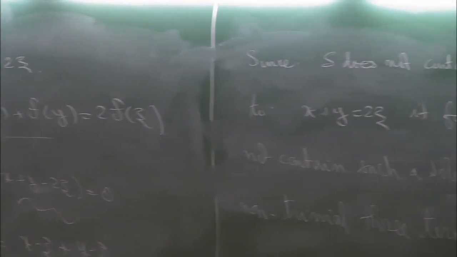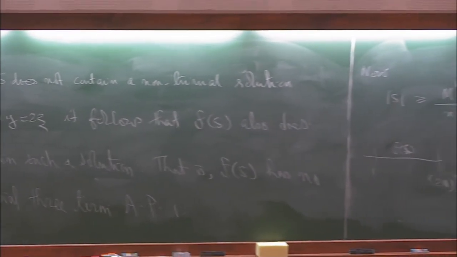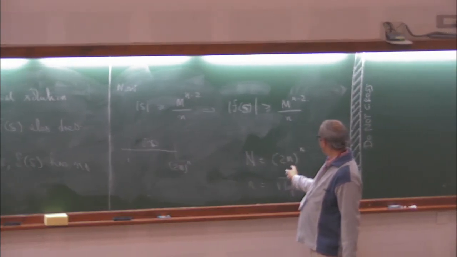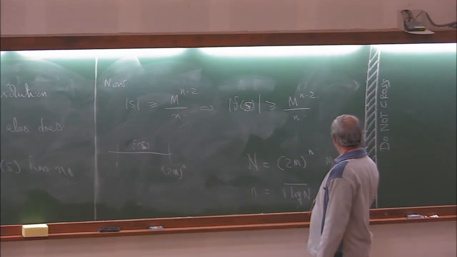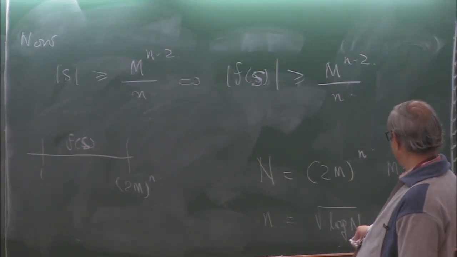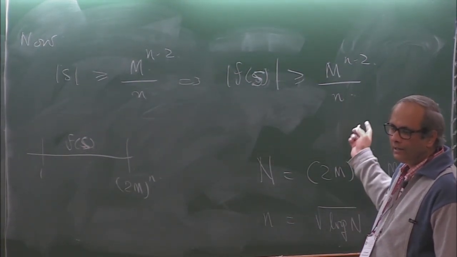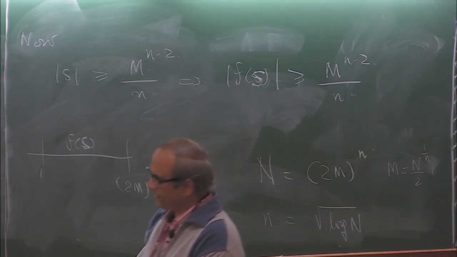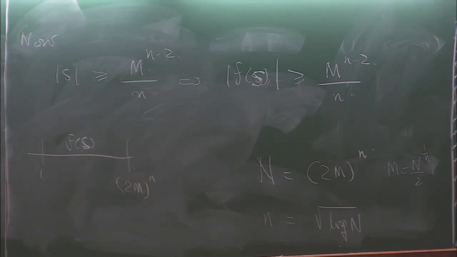You will get an exponential, say e to the minus 4 times root log N or so, just by plugging in the values, and that proves Behrend's theorem.